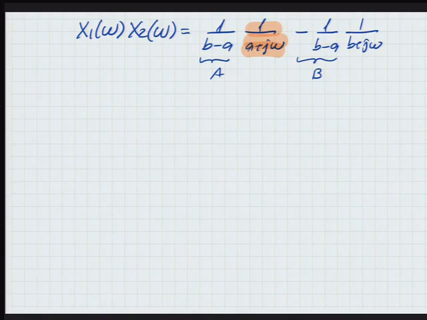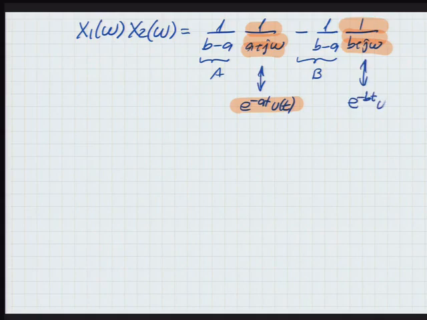We know that this is the Fourier transform of e to the negative at u of t, right? Take a mental picture of this because we're going to keep using this all over the place, okay? So similarly, this term here goes with e to the negative bt times u of t. So that's a Fourier transform pair, okay?